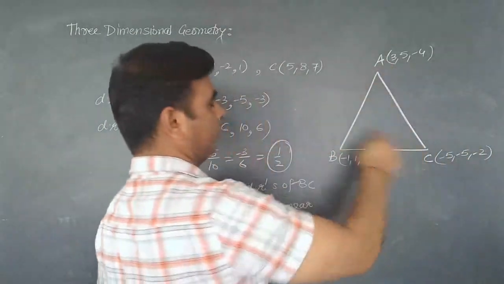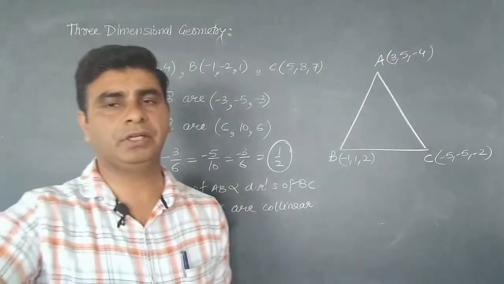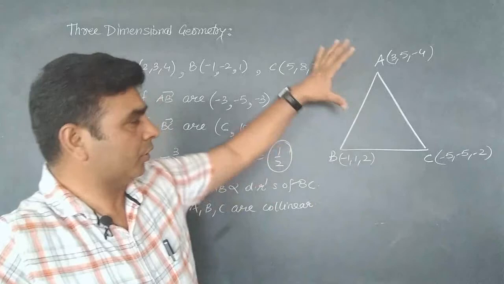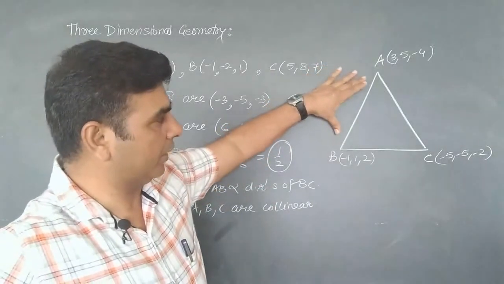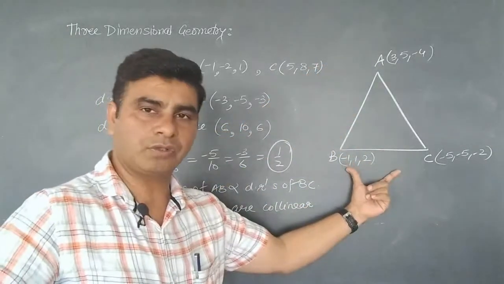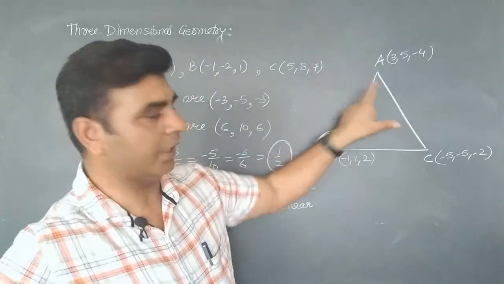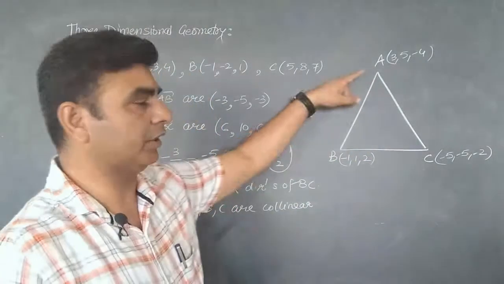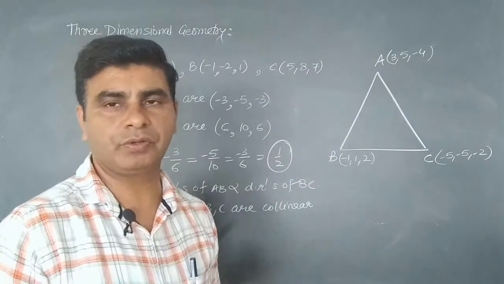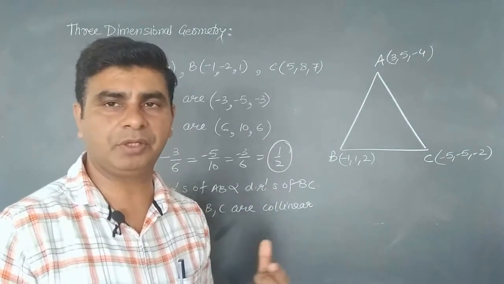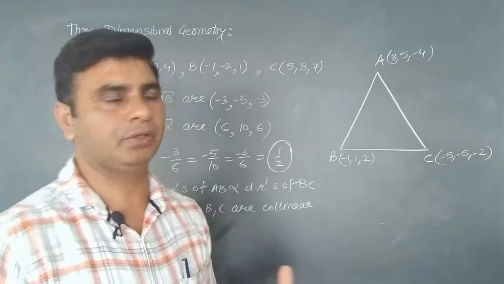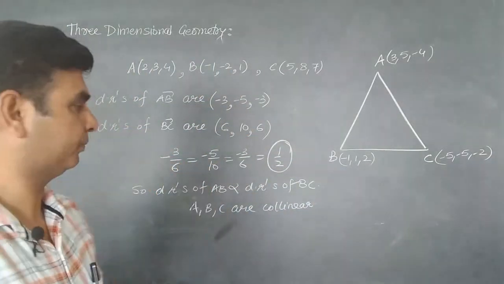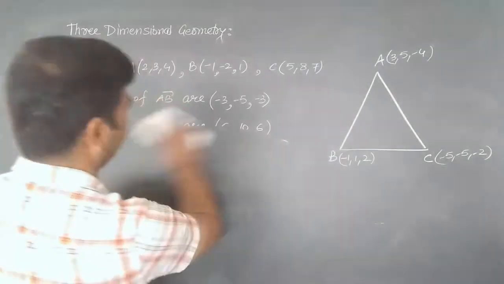If you want to find the direction cosines of the sides of this triangle, we want the direction cosines of line AB, line BC, and line AC, and you can obtain them very easily by finding the direction ratios. First we will find the direction ratios of lines AB, BC and CA, and then use the same formula we used in the last third question. So let me do this question again.